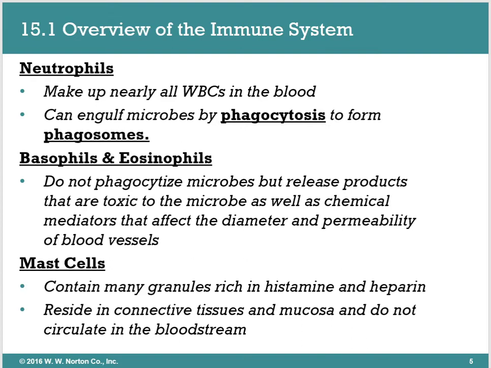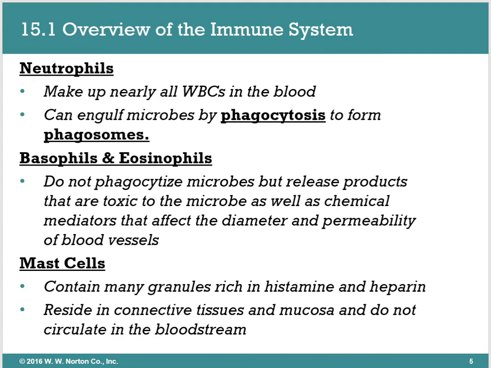Also, based on the toxins they secrete, they make blood vessels a lot more permeable, meaning that if we have an active infection, you want things to be able to travel more quickly in your bloodstream in order for all of your immune cells to get to the area. The more permeable your blood vessel is, the quicker your immune cells can get to the infected area and reduce the dissemination of an infection.